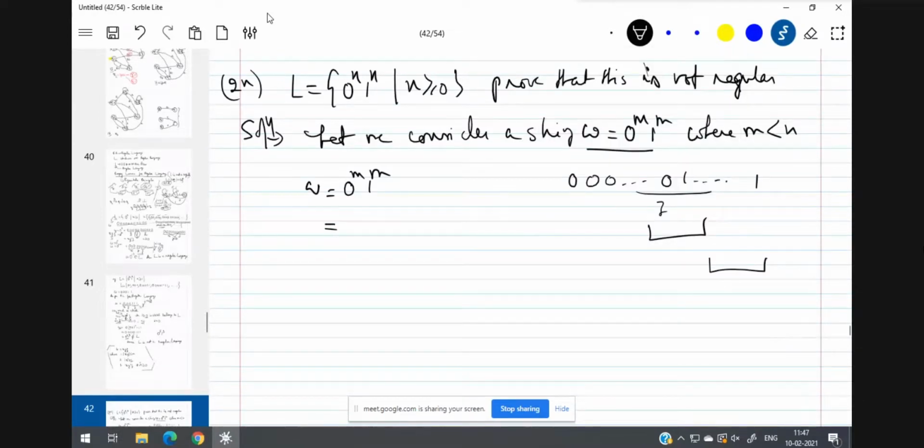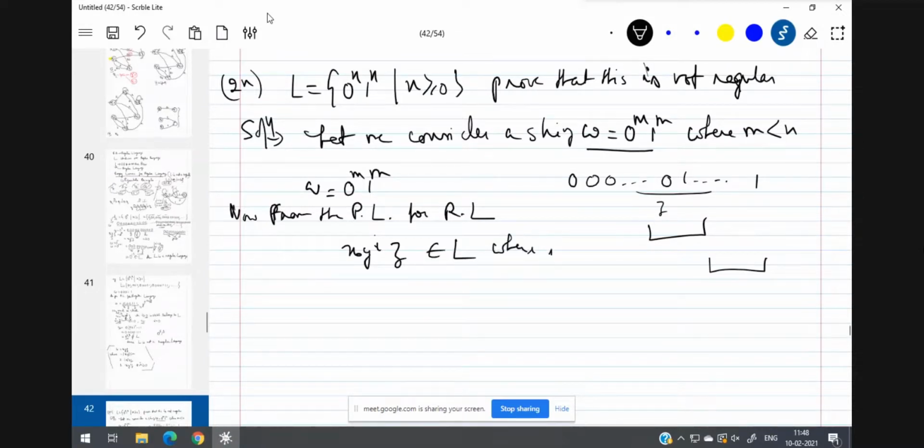Now I have a string of 0 to the power m, 1 to the power m. From the pumping lemma for regular language, let me write it as a shortcut in this manner. x, y to the power i, z needs to belong to L, where i is greater than or equal to 0.